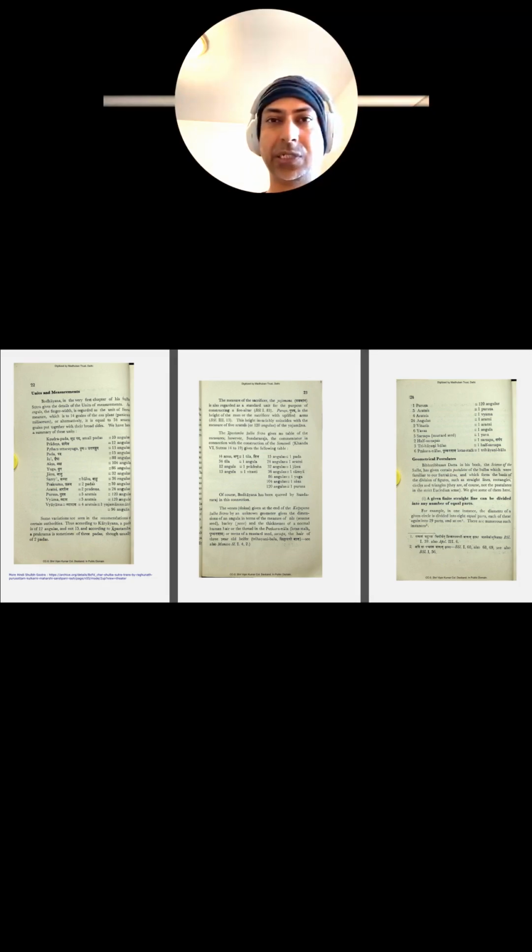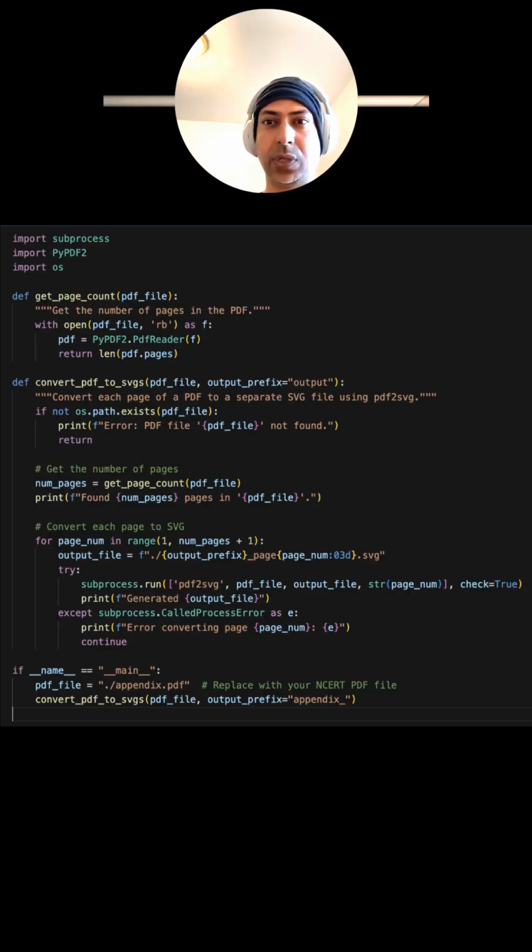So I'll stop sharing here and I'll start sharing my code. Right here, you see, this is the code. What I did was I downloaded the whole complete book.